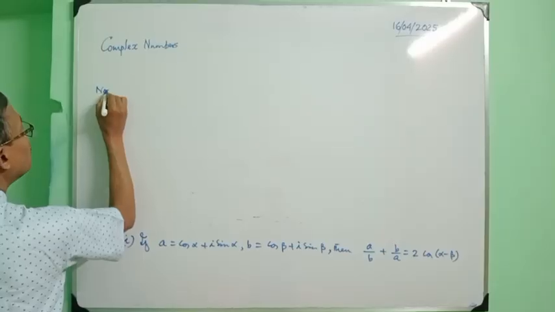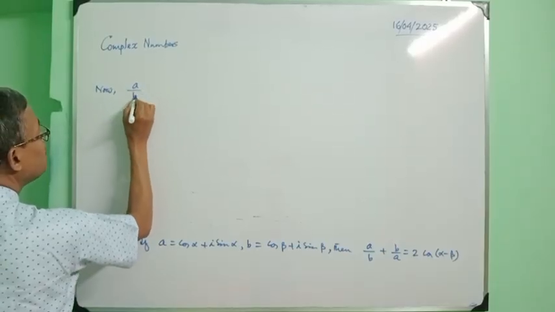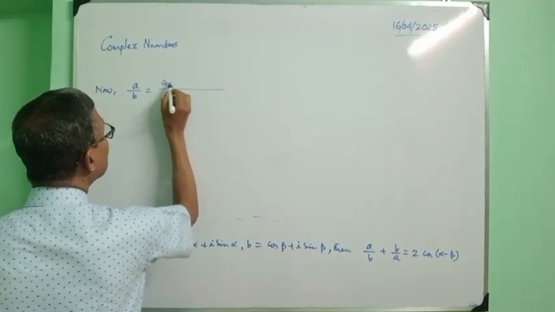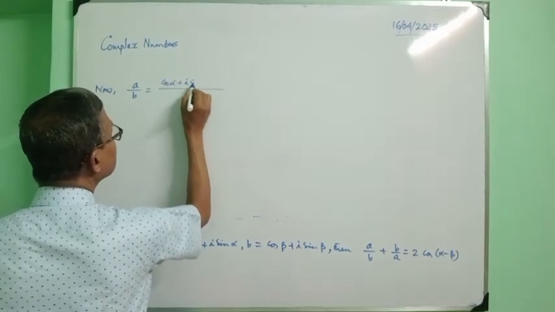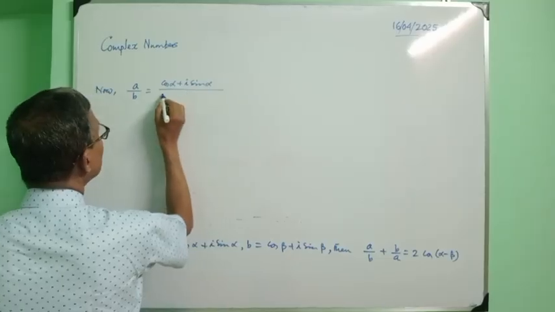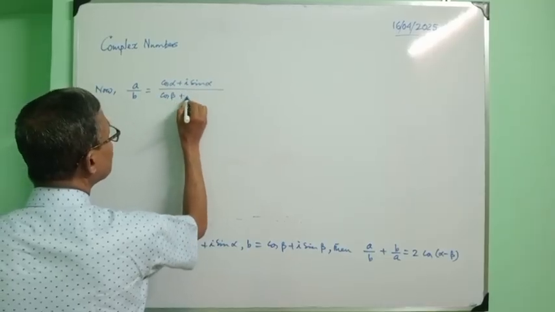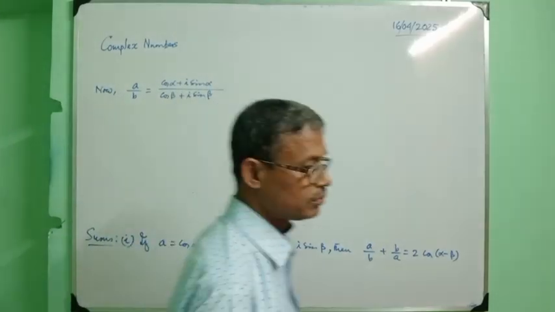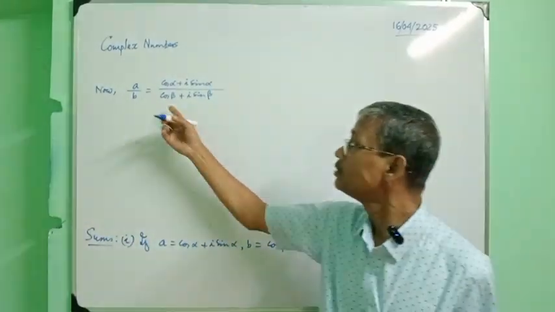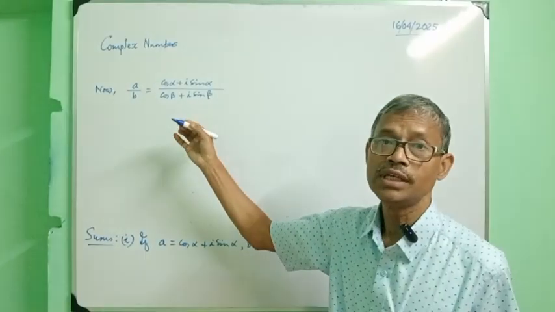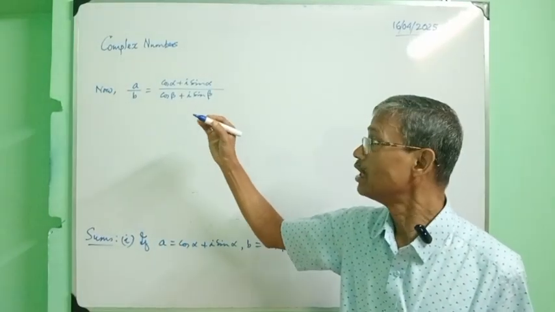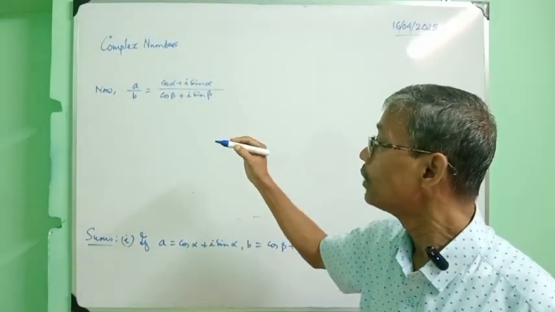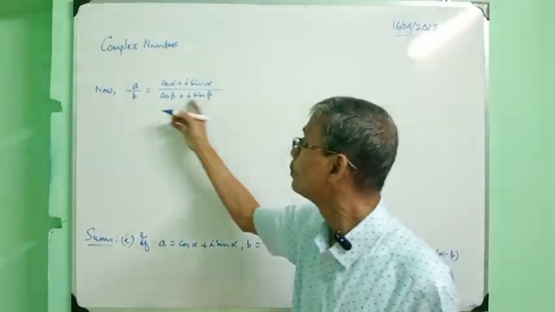Now A by B is equal to cos alpha plus I sin alpha by cos beta plus I sin beta. Denominator is a complex number in the form x plus iy. What we do? We multiply both numerator and denominator by the complex conjugate of the denominator.